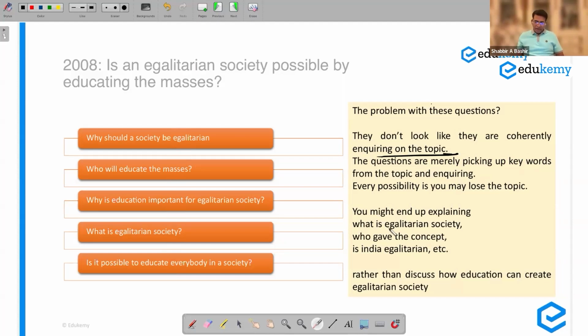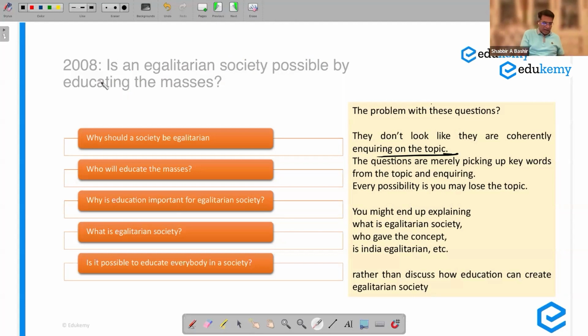I'll end up explaining what is an egalitarian society. I'll explain whether India is egalitarian or not. And the focus of the topic, however, was how does education create an egalitarian society? So this essay is not simply on egalitarian society.